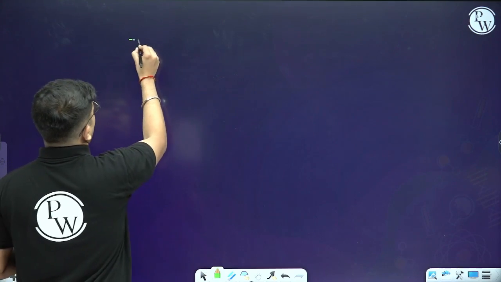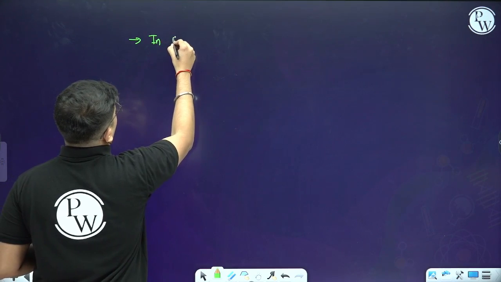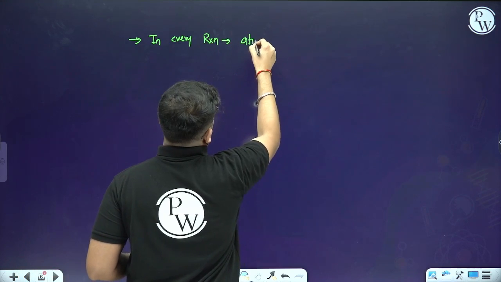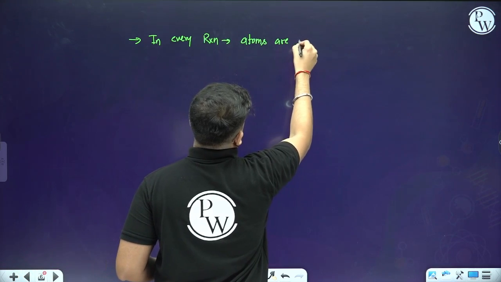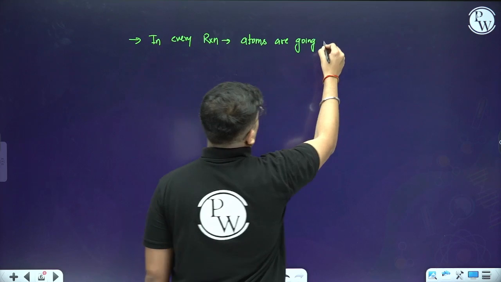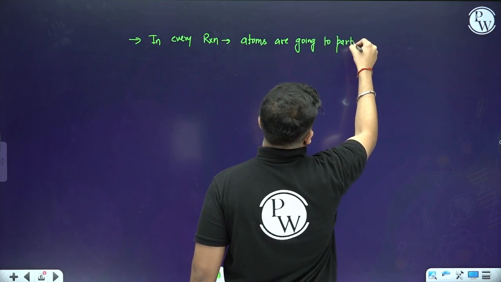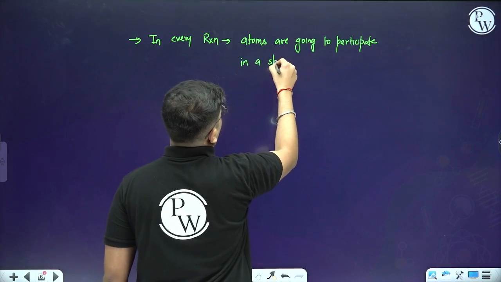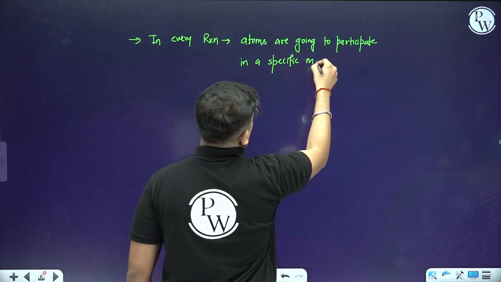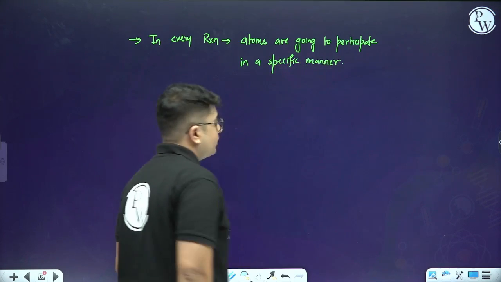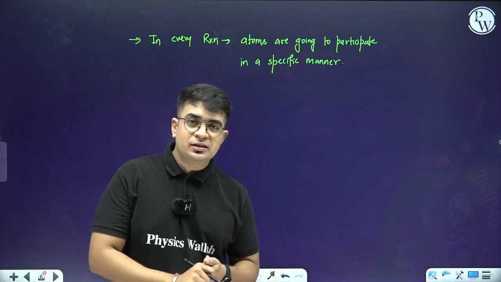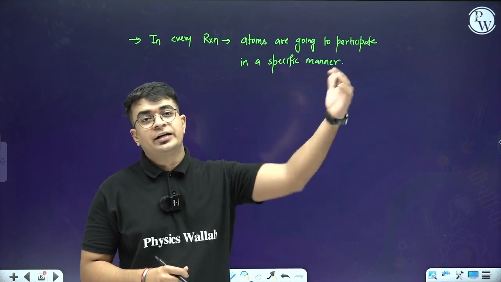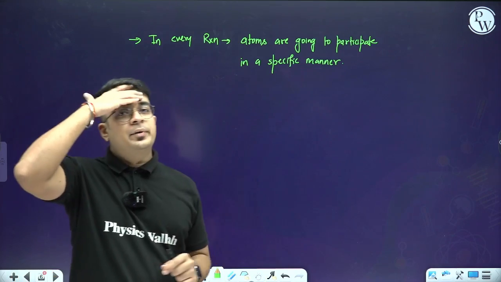So in every reaction, atoms are going to participate in a specific manner. Basically atoms are the fundamental particles which are going to combine together, or participate in the reaction, to form different types of products. I hope up to that part everything is clear to everyone.